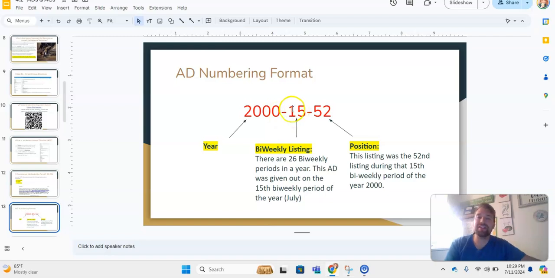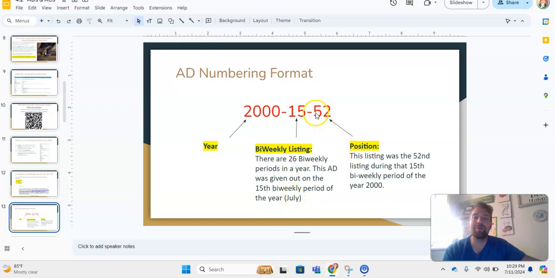After this dash, the second number is what's called a bi-weekly listing. There are 26 bi-weekly periods in the year, and bi-weekly means every 2 weeks. Since there's 52 weeks, you divide that by 2 weeks per bi-week period, and that gives you 26 bi-weekly periods. So this happens to be the 15th bi-weekly period, which works out to be in the middle of July.